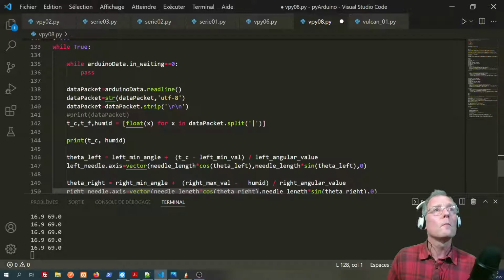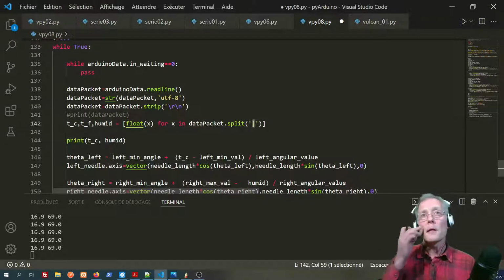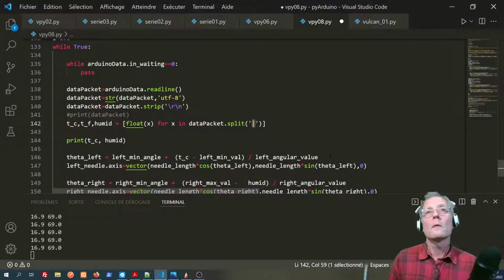About the data here, I just extract the data. I send the data as a string with a pipe as a separator, so I just split on the separator and I get all the values that I store in the three variables here.